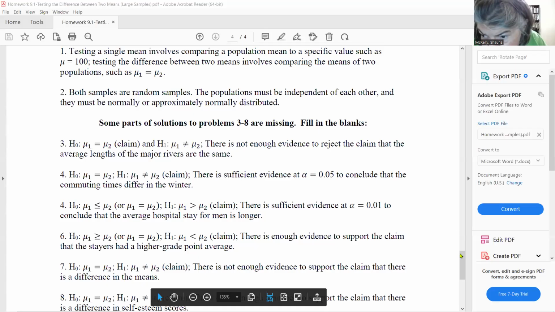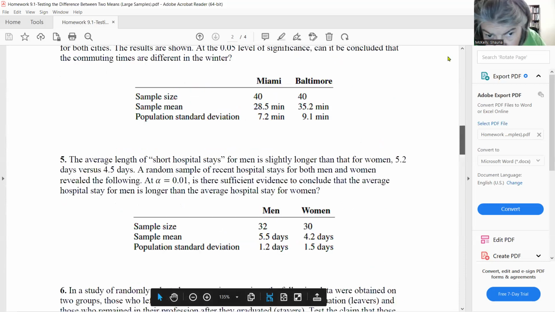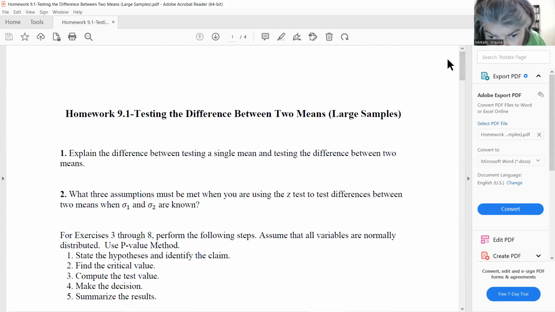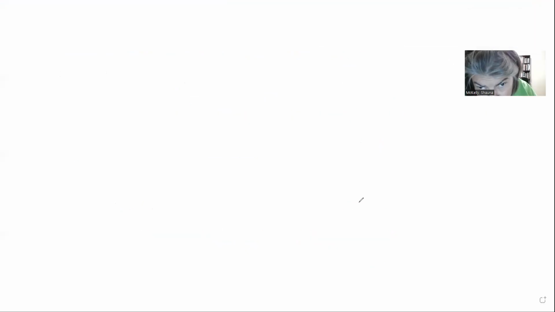It says, explain the difference between testing a single mean and testing the difference between two means. So, okay, if you want to say that, then you're going to say something like this. Doesn't have to say exactly this, but something similar.